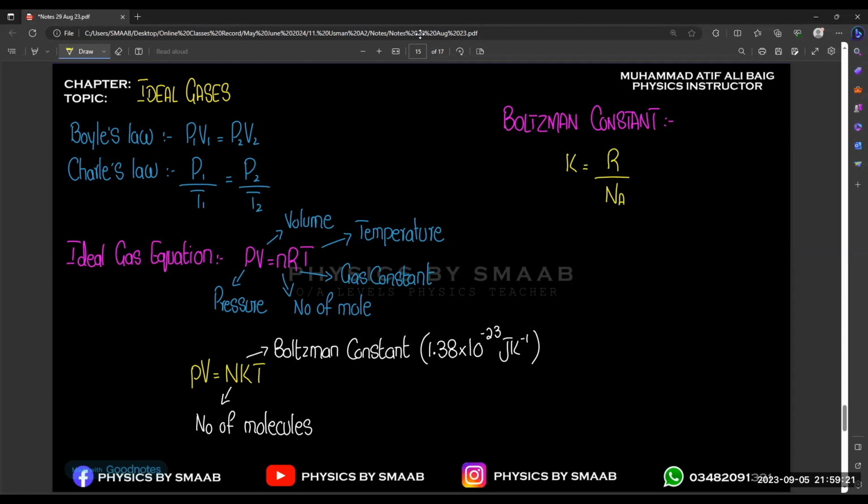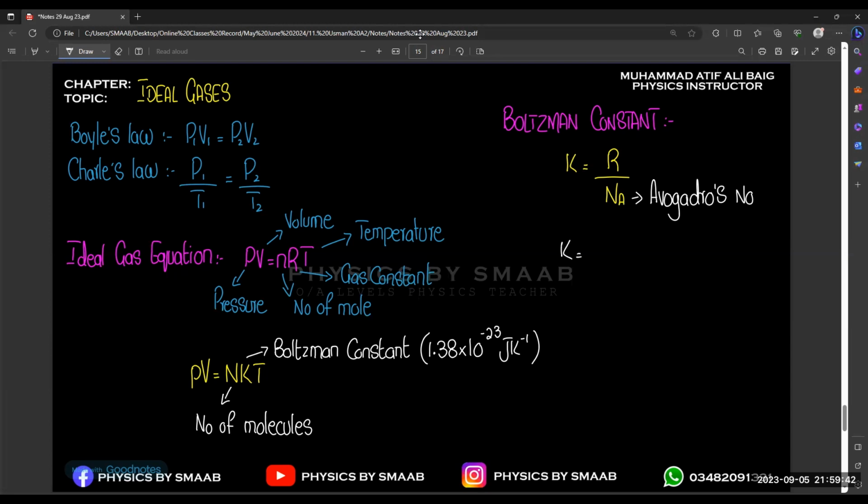This NA represents the Avogadro number. That is also a constant value. This is Avogadro's number and R is the gas constant. You know that both values are constant.